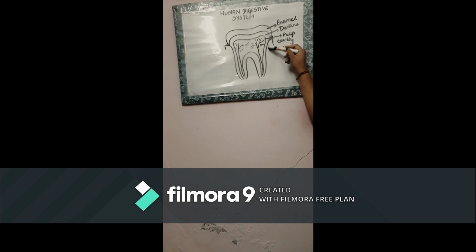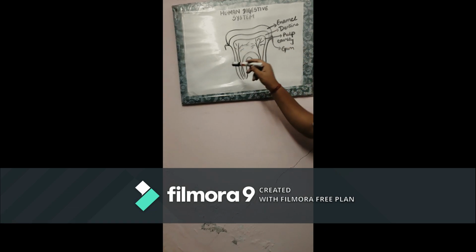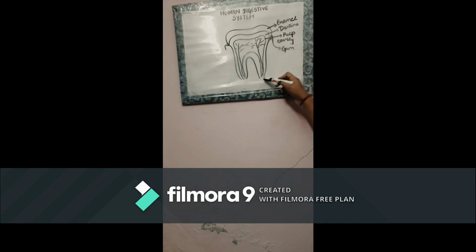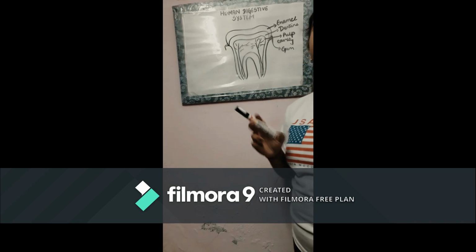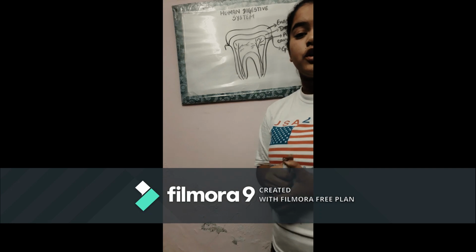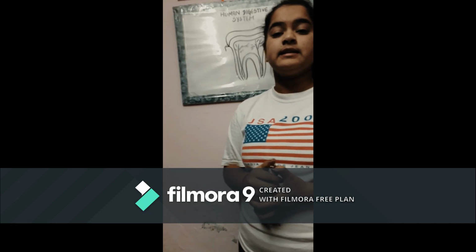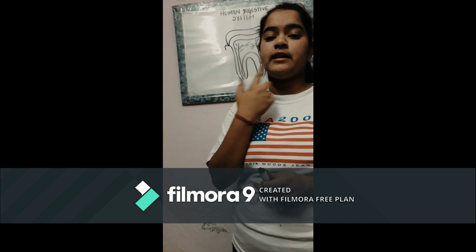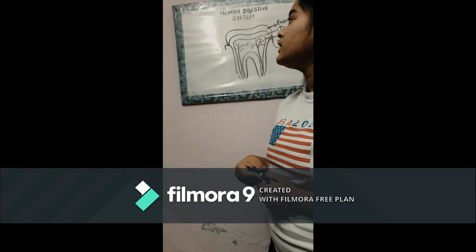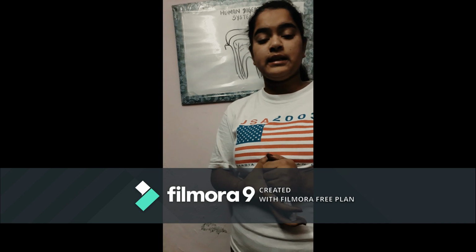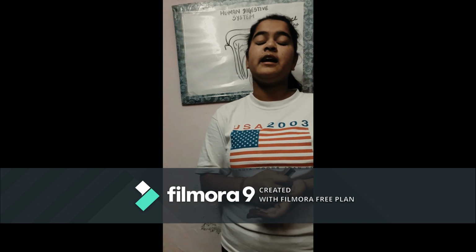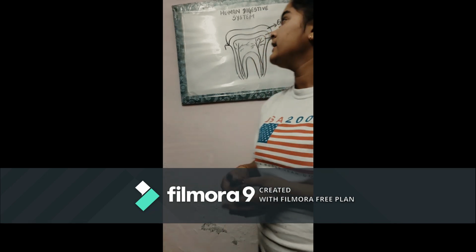And these are the gums which help the teeth to embed in our jaw. Our human body consists of 32 teeth, 16 in the upper jaw and 16 in the lower jaw. There are two types of teeth: milk teeth and permanent teeth.